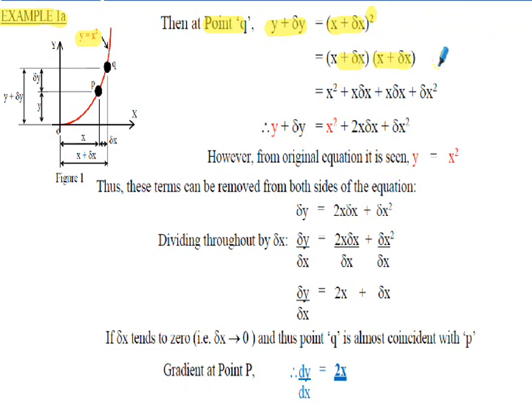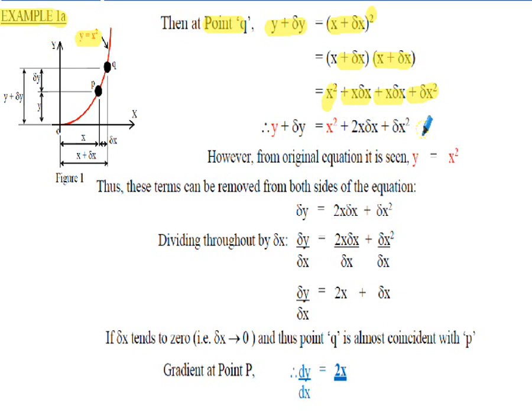Expanding that as a binomial bracket, I will get x squared plus x delta x plus x delta x plus delta x squared. And I'm sure you can expand that bracket with your crab claw or your smiley face method. Just tidying that up on the next line, I get y plus delta y is equal to x squared plus 2x delta x plus delta x squared.